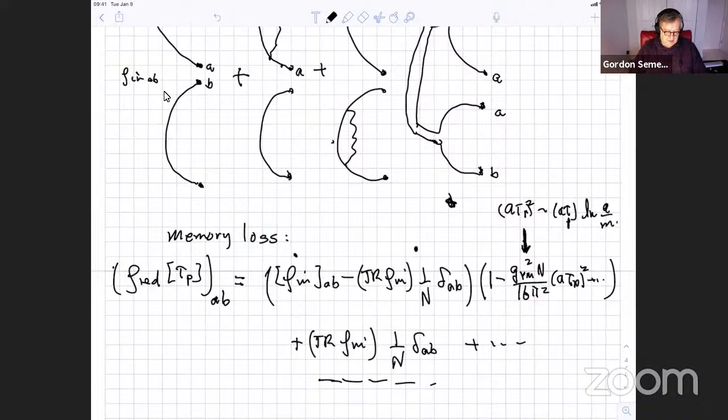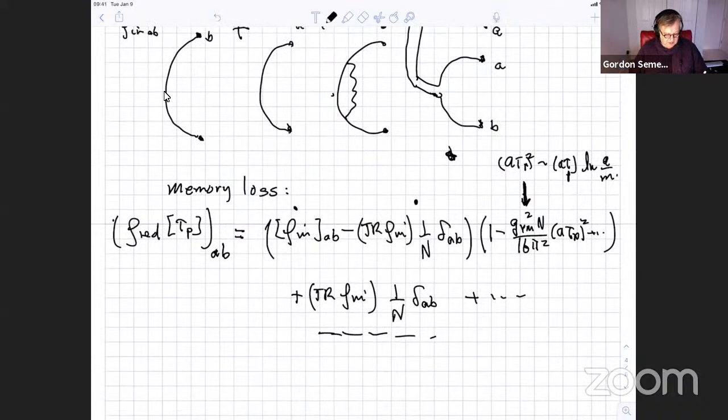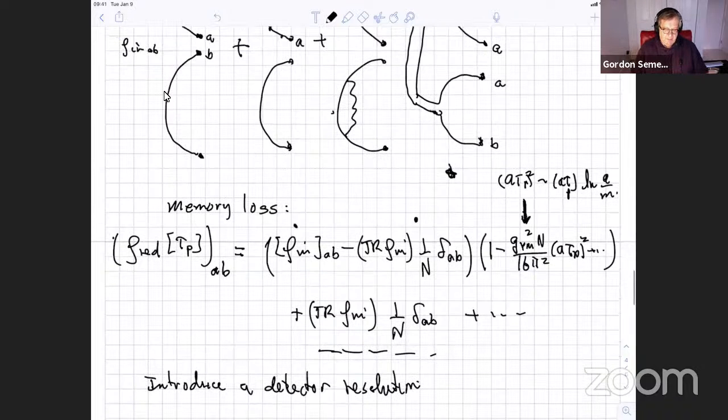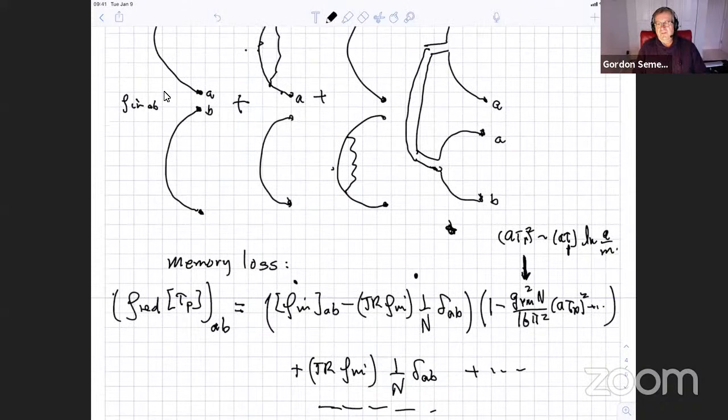Okay, the other thing I could do is introduce a detector resolution. In the argument above, I traced out all gluons and scalar particles, all the stuff that flies away, assuming it all goes away undetected. But that's not how the real world works. If you had a really hard gluon, I think you might detect it.